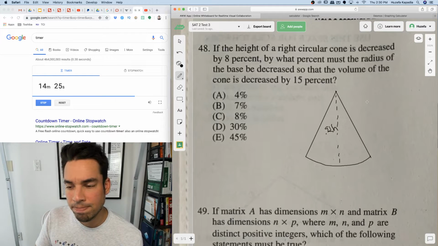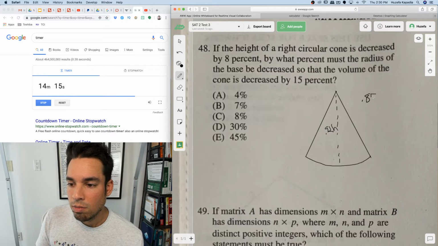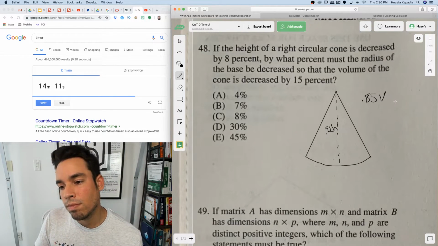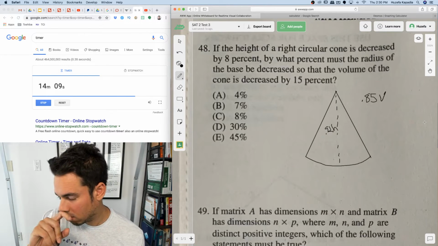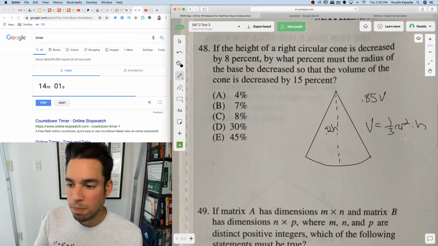Hold on. So the volume needs to be 0.85 V. Oh, I get it. Okay, hold on. So first of all, the volume is 1/3 pi r squared times h.